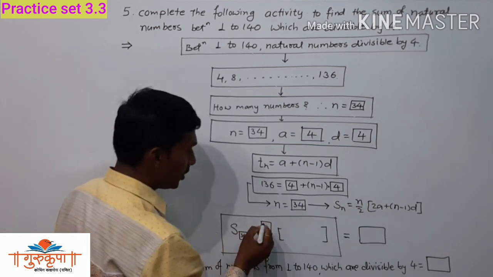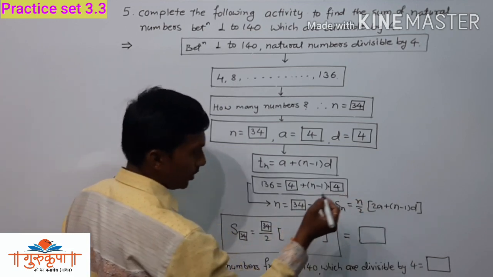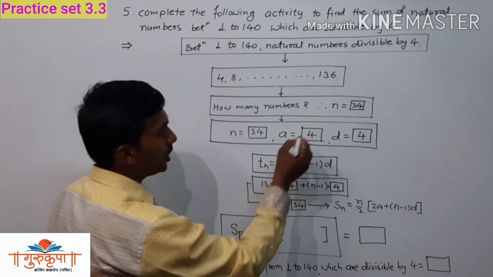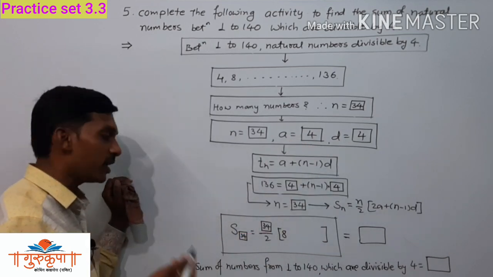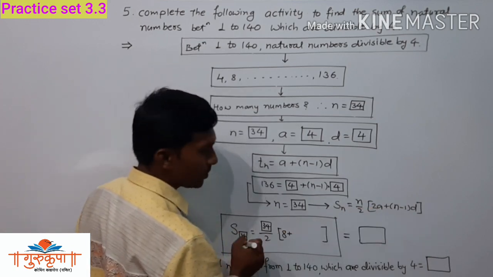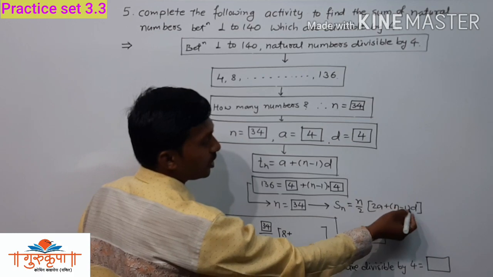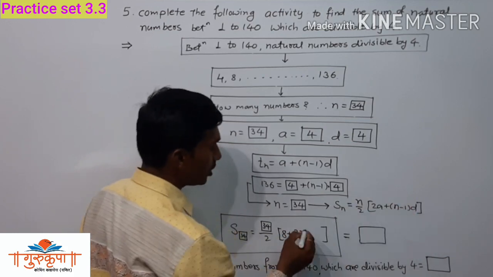Then n divided by 2, that is 34 divided by 2, into the bracket 2a, that is 2 into the value of a, that is 8, plus n minus 1, that is 34 minus 1, 33, multiplied by the value of d, which is 4.